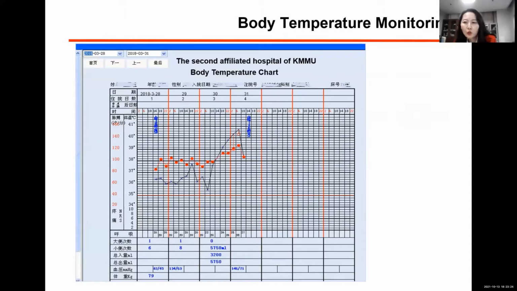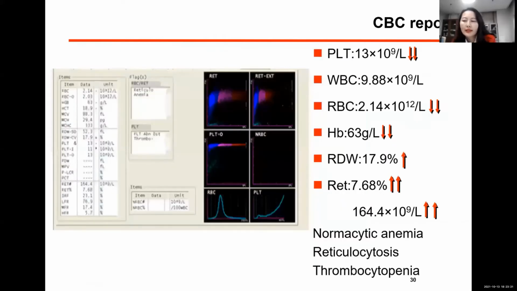She had a fever 2 days after being admitted to the hospital. This is her CBC report. Platelets were decreased severely. WBC was normal. RBC and hemoglobin were decreased moderately.